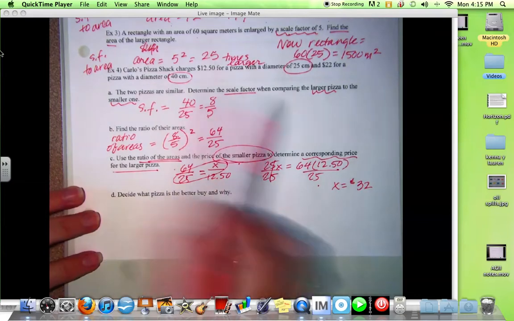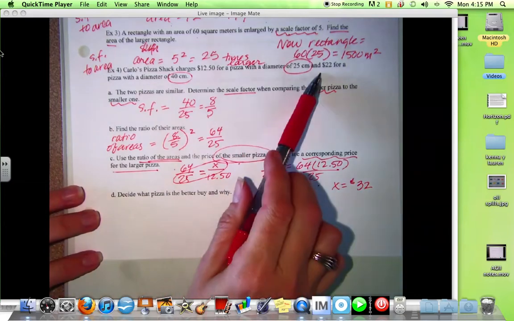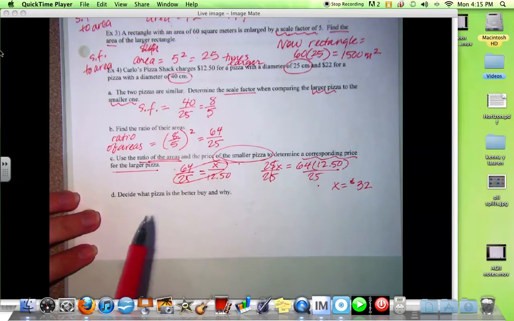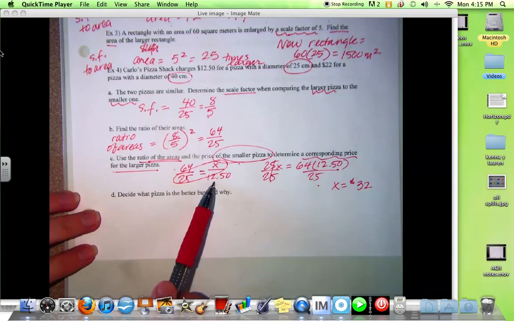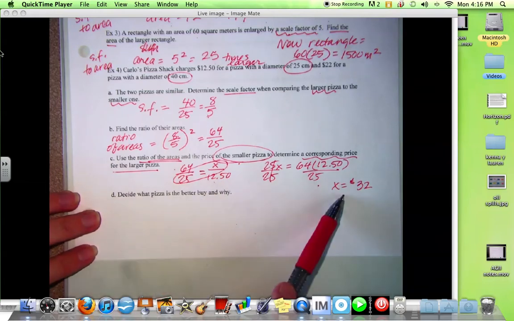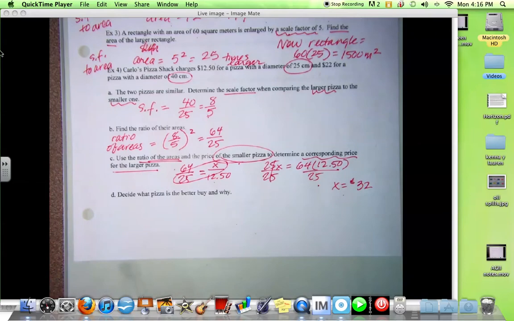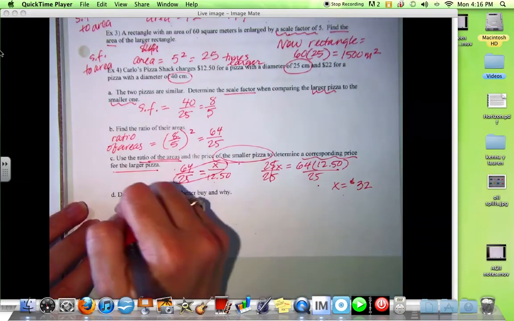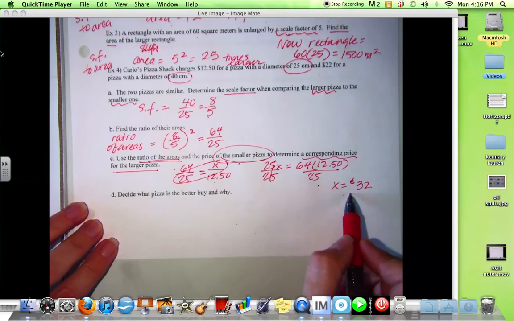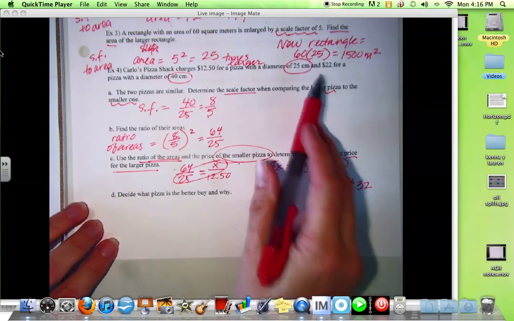We're actually charging $22 for the larger pizza. So if we go based on the price of the smaller pizza, we should be charging $32, but we're only charging $22. So D asks us to decide what pizza is the better buy. The larger pizza should be $32. We only charge $22.